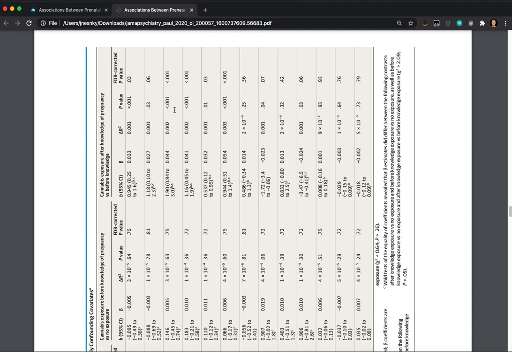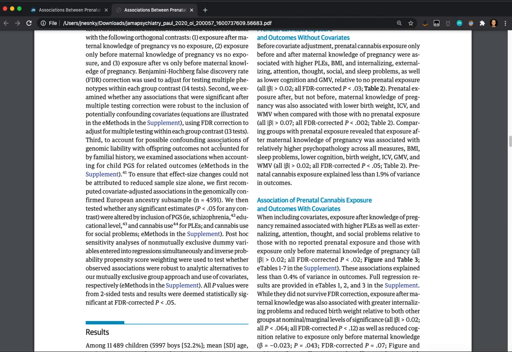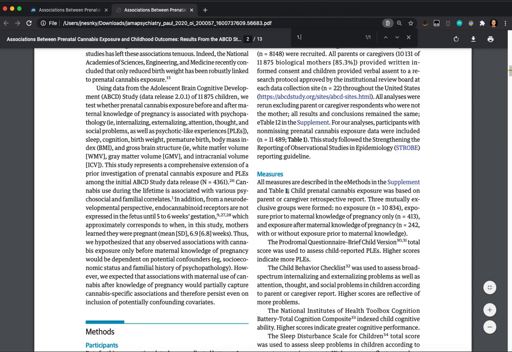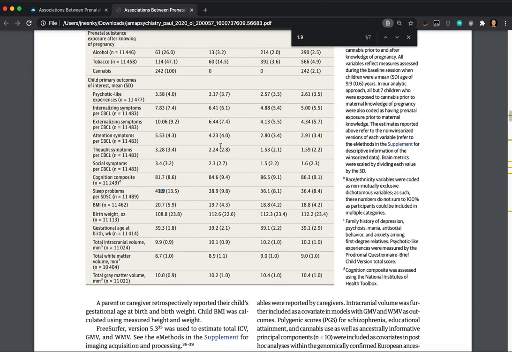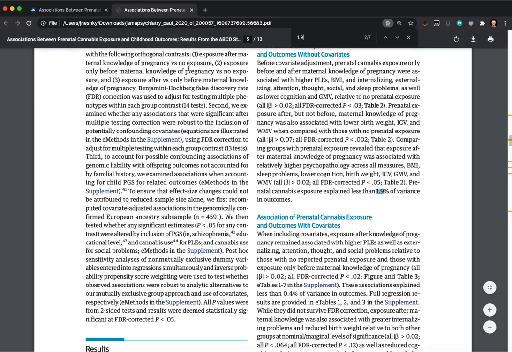So it's called the R-squared value, and it is around 1.9%. Yeah. So prenatal cannabis exposure explained less than 1.9% of the variance in outcomes.